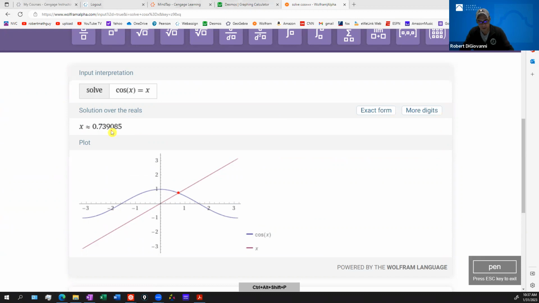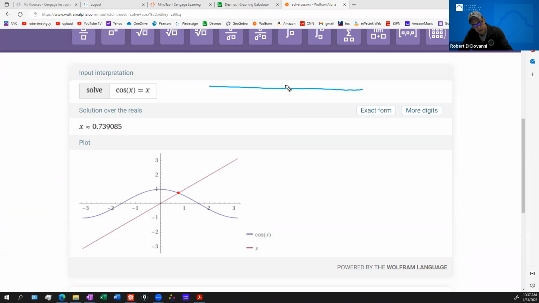let's see if it's going to let me do this. In the blink of an eye, what it did is it got it down to an interval. And let's just imagine I'm zoomed in right now. And it said, okay, this is like 0.739084, and over here it was 0.739086.